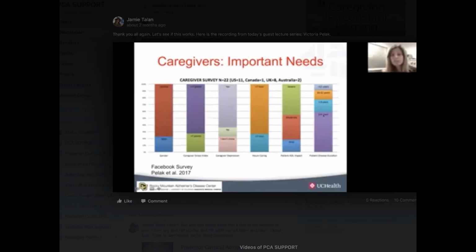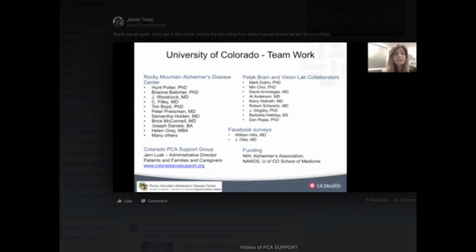So even 1 to 6 years correlates with high degrees of caregiver depression, stress, and caring. So we need to make sure that our caregivers are also taking care of themselves in this disorder and getting support that they need.